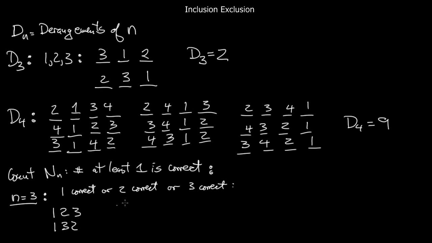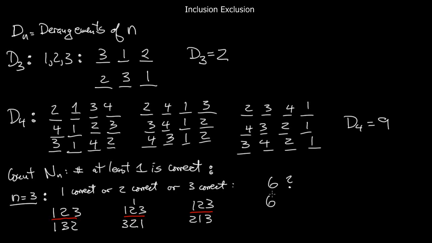You put 1 in the right place, and then you have 2 factorial ways to do the remaining ones. Similarly for 2, and similarly for 3. And so it looks like there are 6 ways of having at least one number correct, but of course that's ridiculous, because 6 is the total number of permutations, and the point is we've counted this one several times.